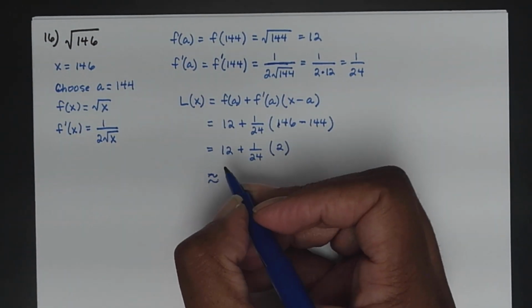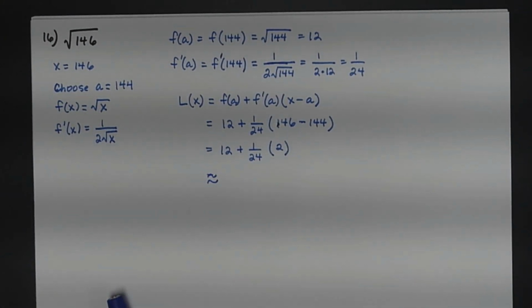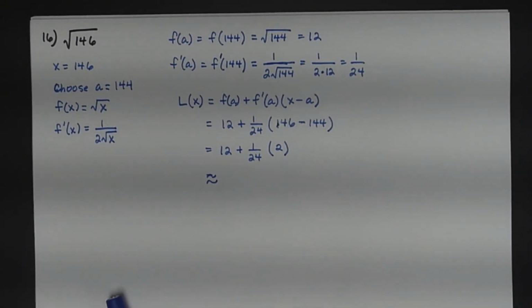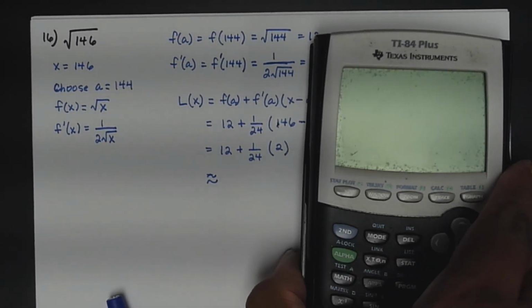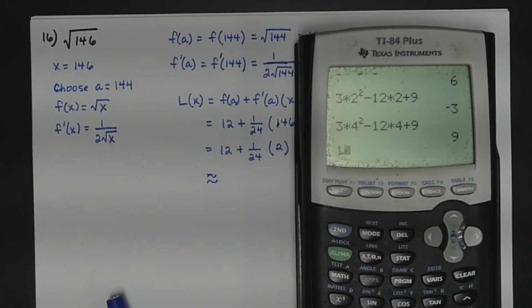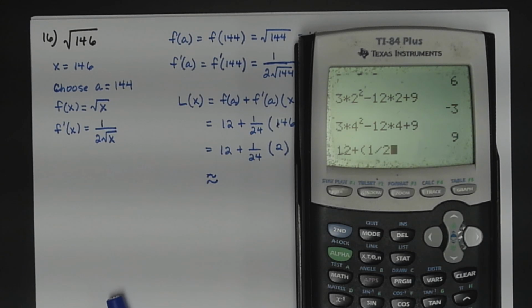Now to find the approximate value, we use our calculator for that. So here we're going to have 12 plus, and I'm going to put 1 over 24 in parentheses: left parenthesis, 1 divided by 24, close parenthesis, times 2.